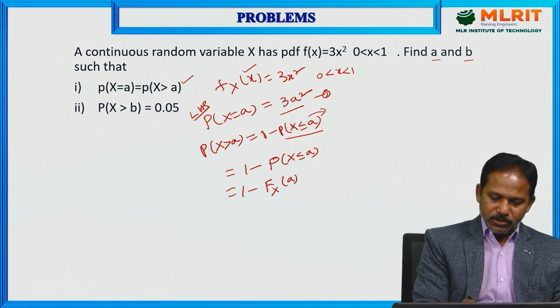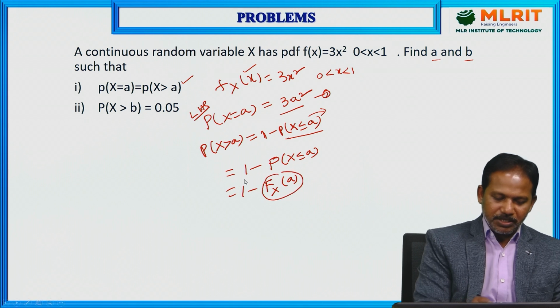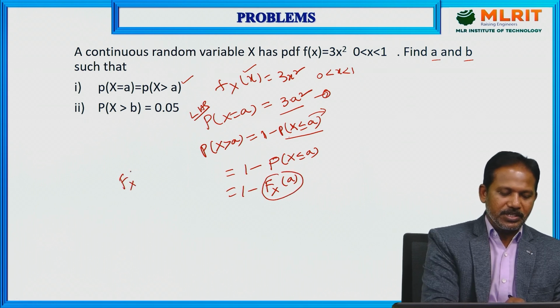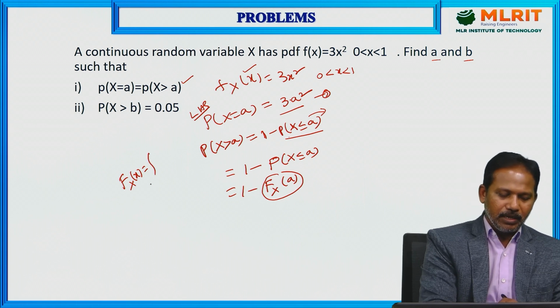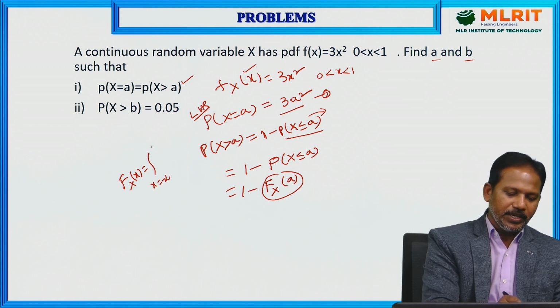Here we already know the relation between the probability distribution function and the density function, that is capital Fx of x equal to the integral from minus infinity to x of the density function fx of x dx.